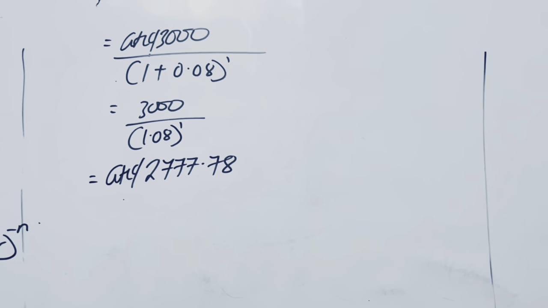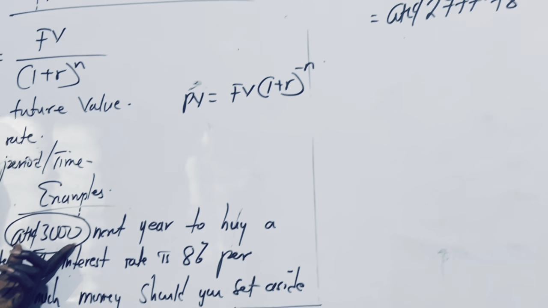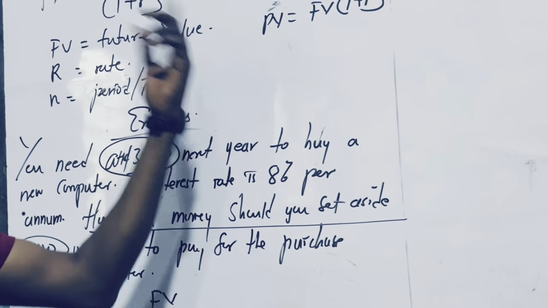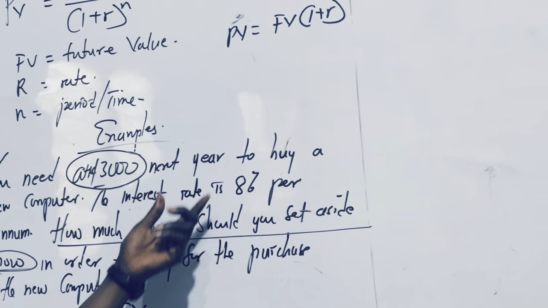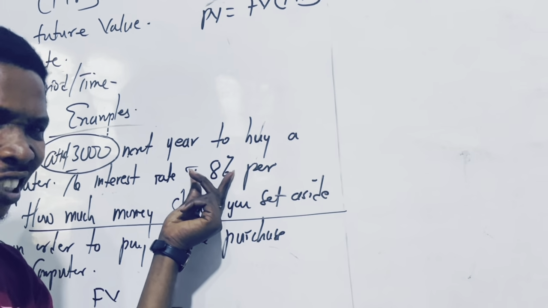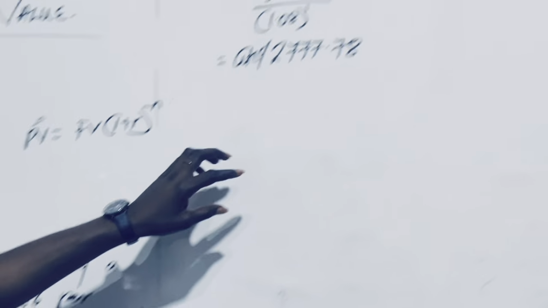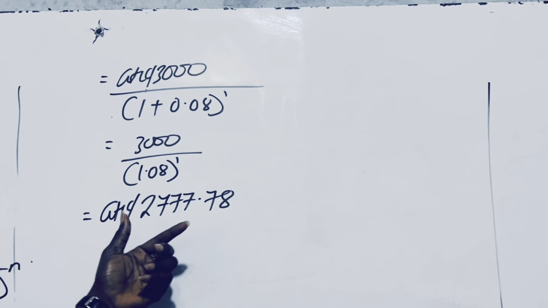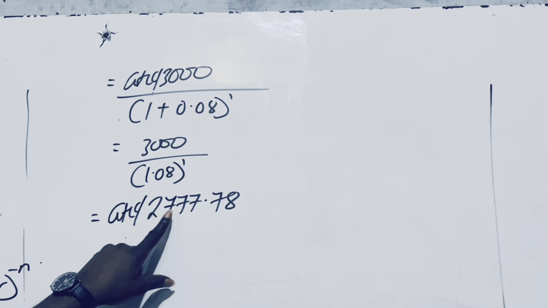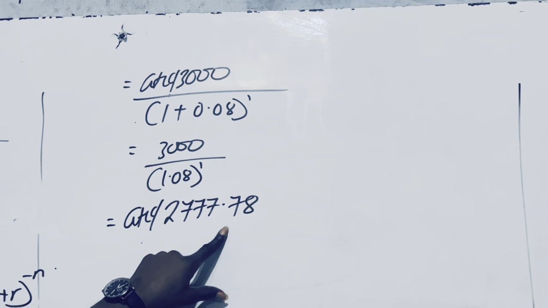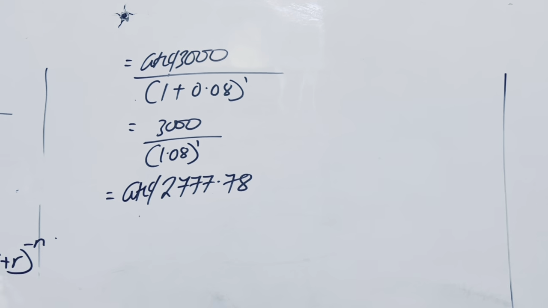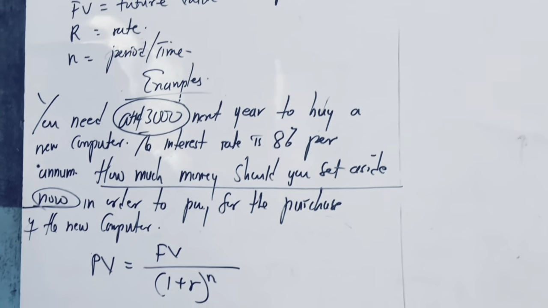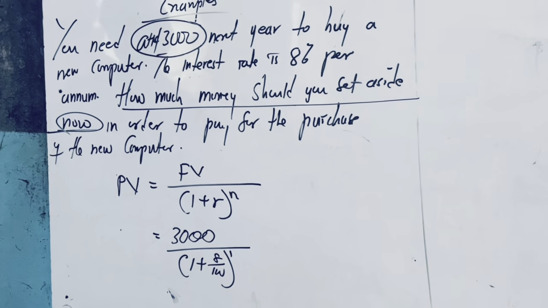It means if I want to buy a computer worth 3,000 next year, and assuming the rate is 8%, then I have to invest 2,777.78 now, so that at the end of the next year I'll get that 3,000. That is the logic behind this calculation.